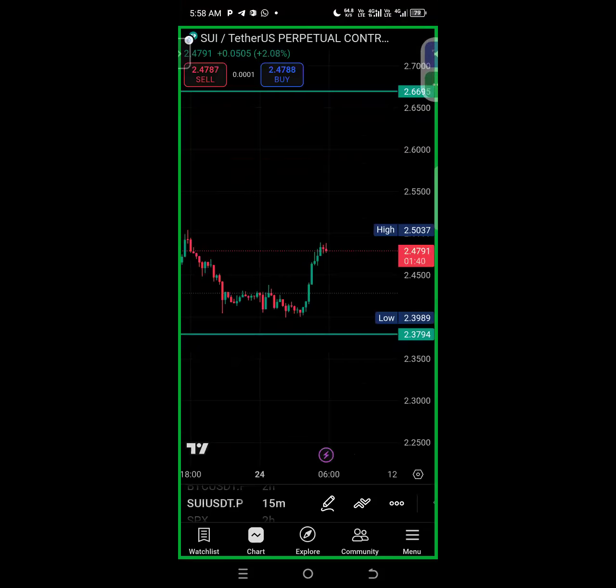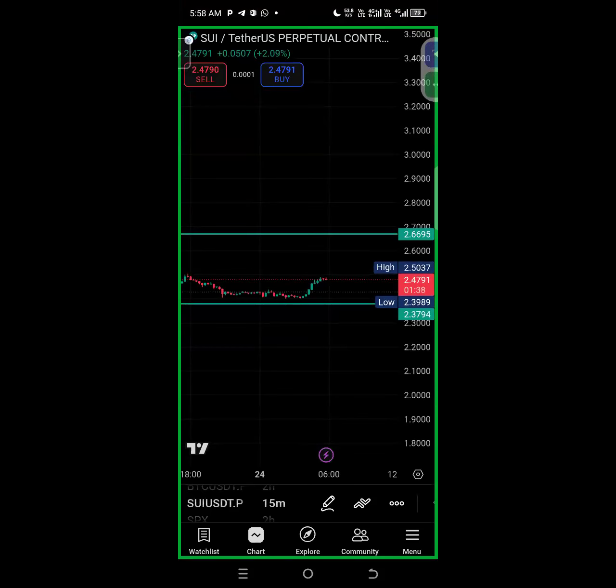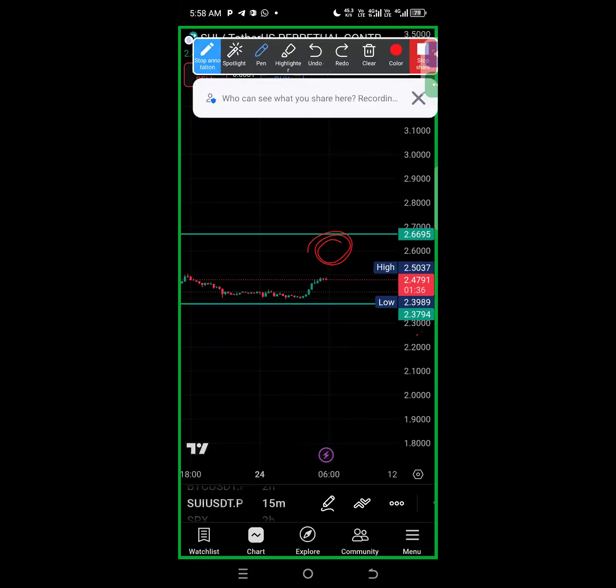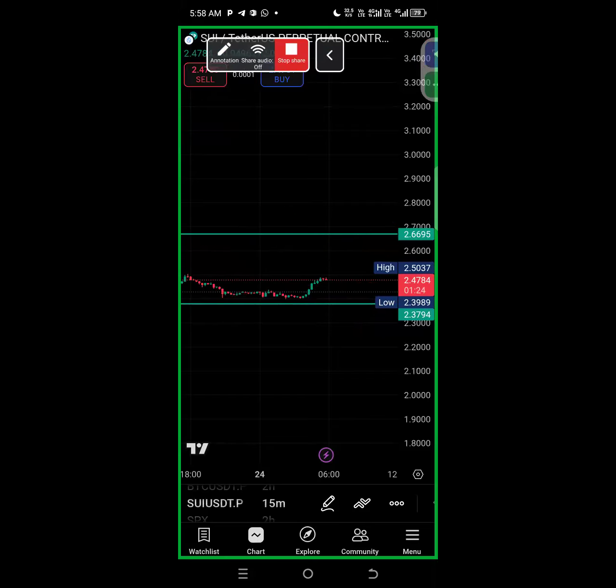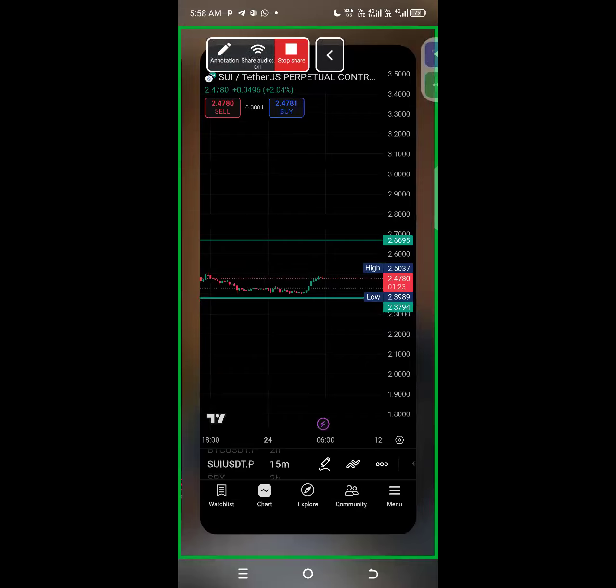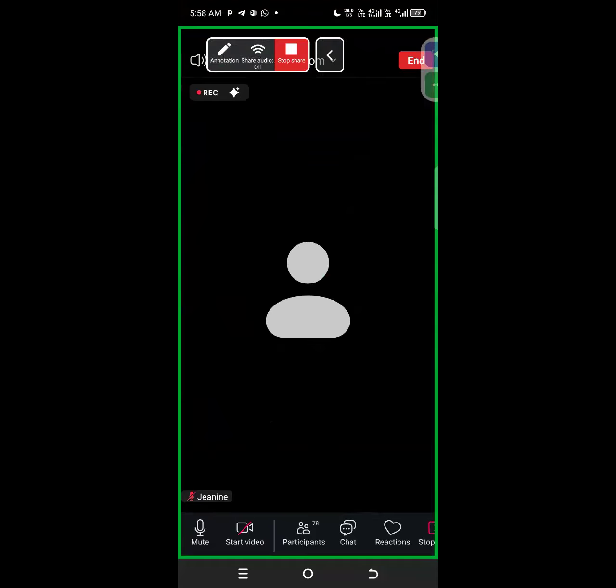These two lines? Are you talking about this? Respond and let me know if that's what you're talking about.